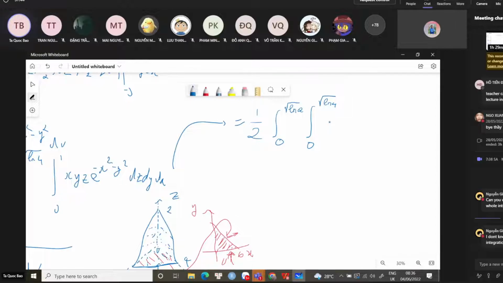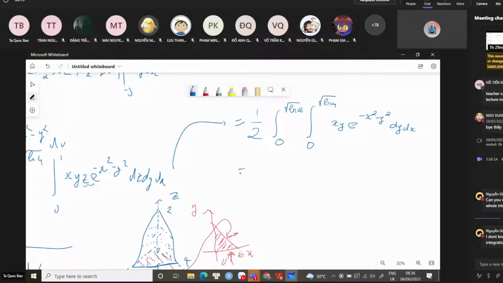And here is this x, y, e power minus x power 2 minus y power 2 dy and dx, right? Why do we have a 1/2? Because this is 1/2 z power 2. You take the value from 0 to 1 and then you get this 1/2 here, right?